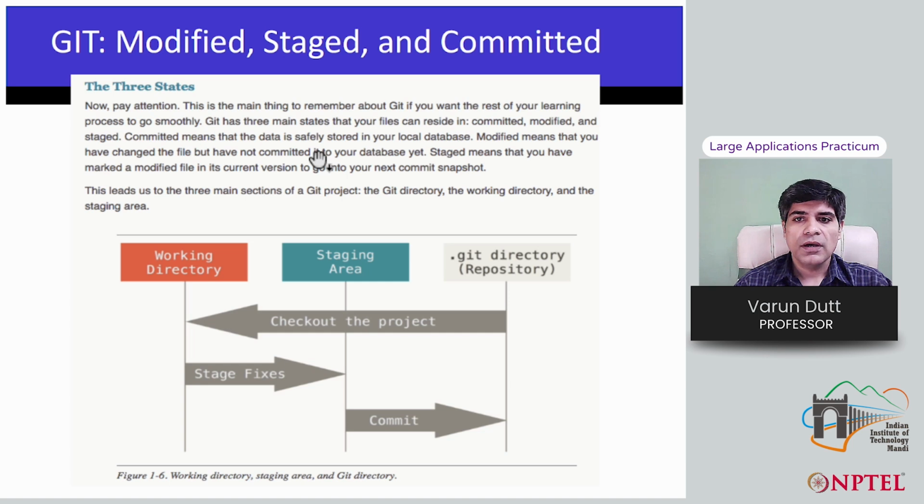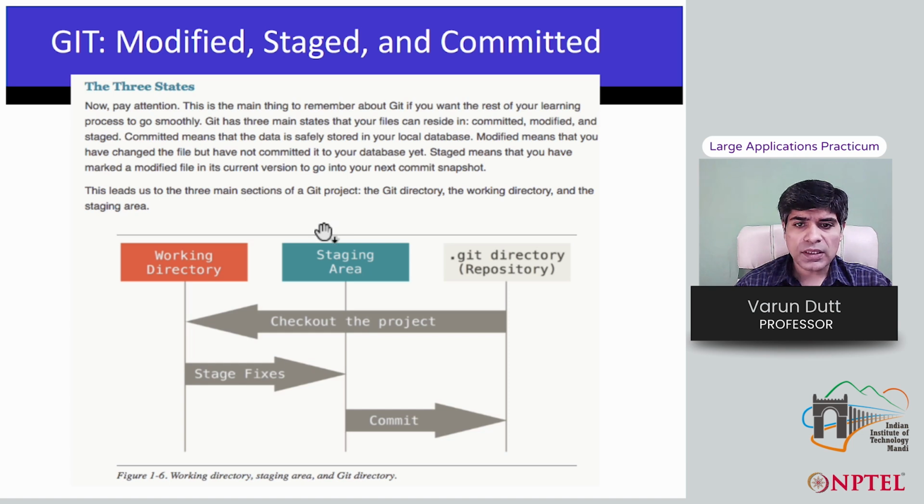And staged means that you have marked a modified file in its current version to go into your next commit snapshot. So staged basically means that we have already modified a file and we have staged it to be committed whenever the next commit is made.